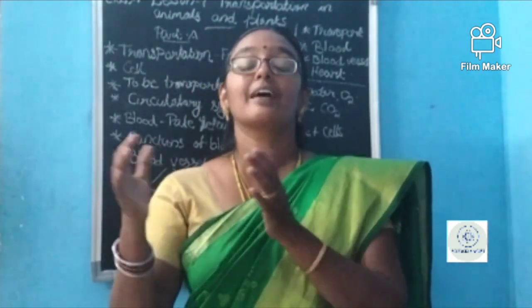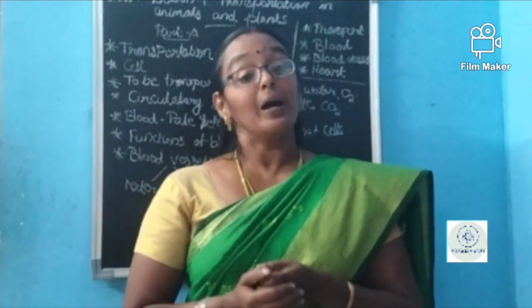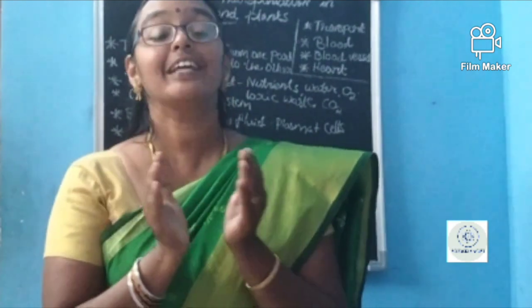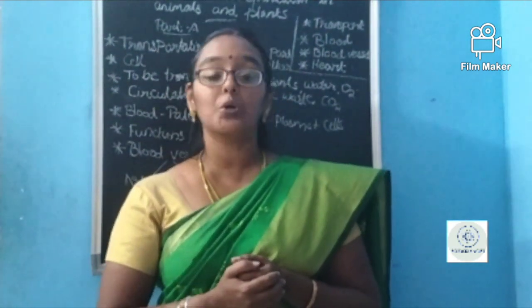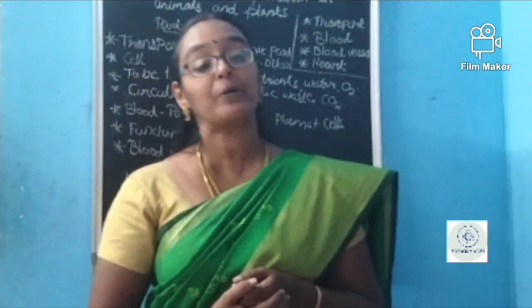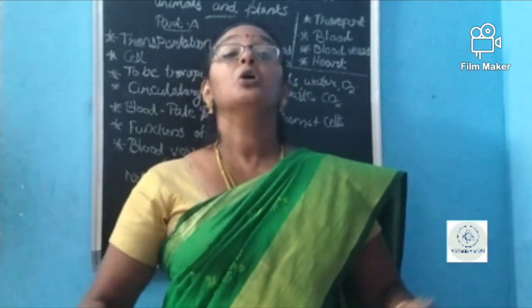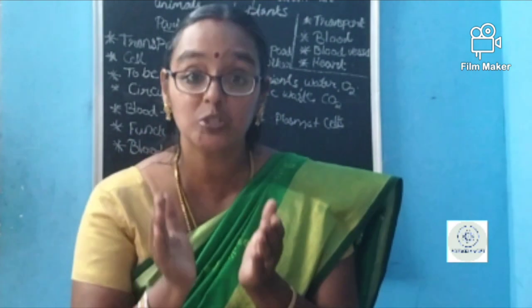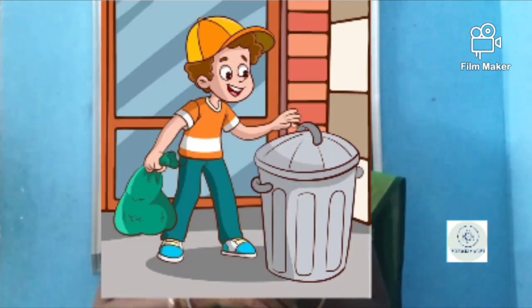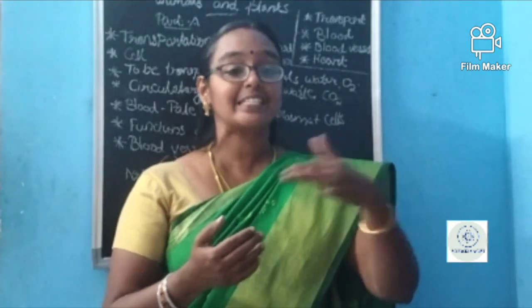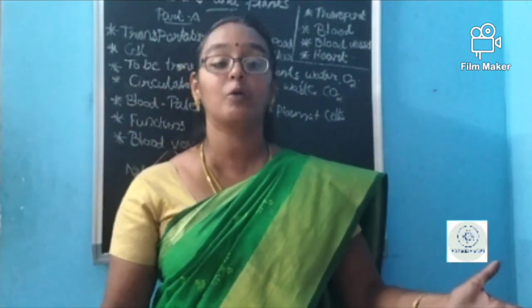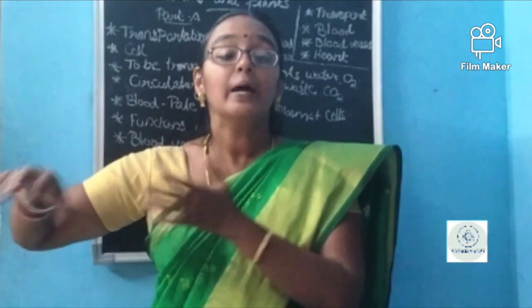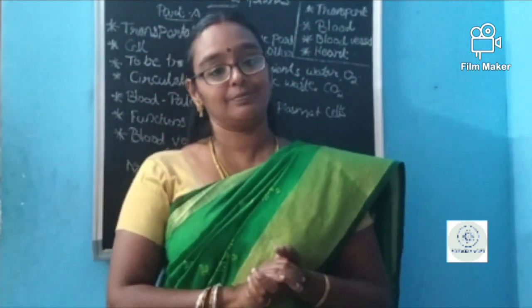Our blood is an obedient delivery boy in transporting these food items. And also some toxic waste will be produced, right? It has to be eliminated. So the blood will act as a garbage boy, collecting these waste materials from the cells of all the parts of the body, and giving them to particular places where they will be removed.